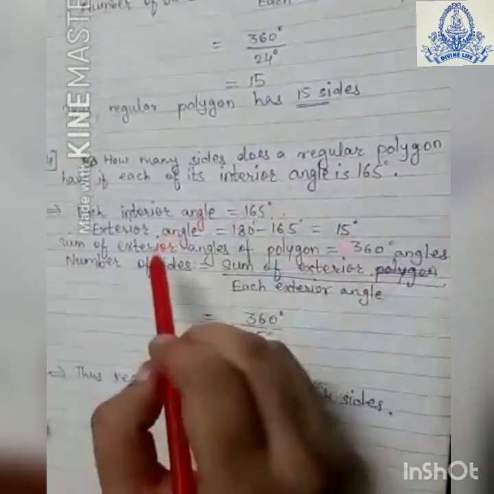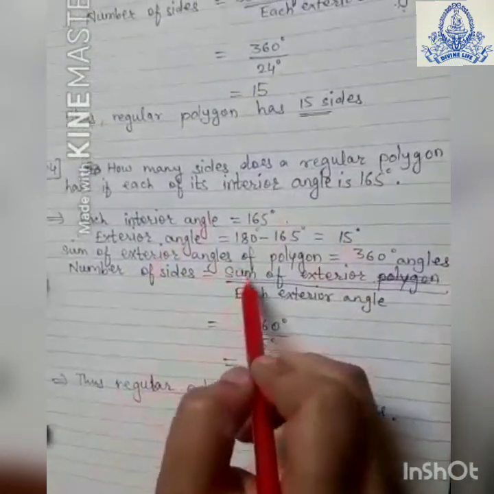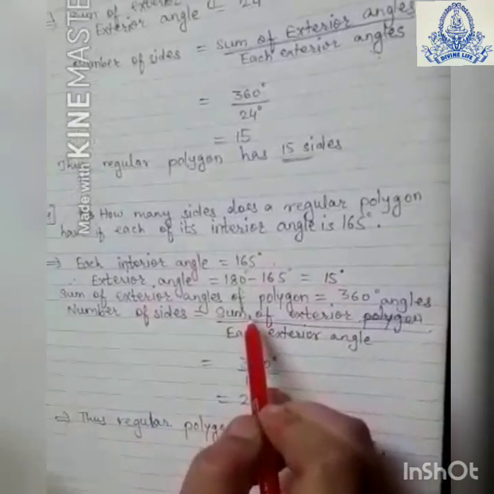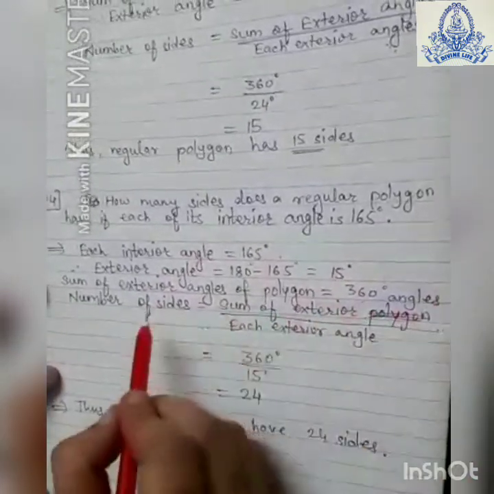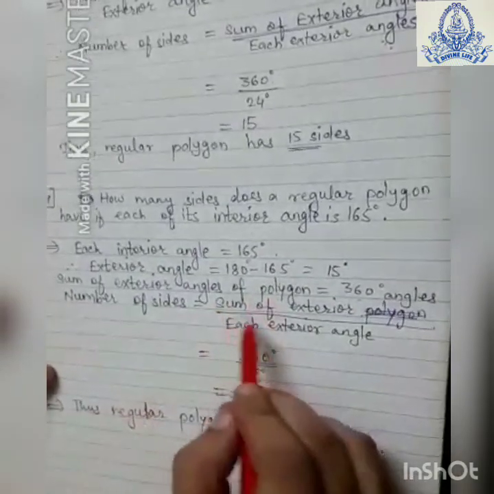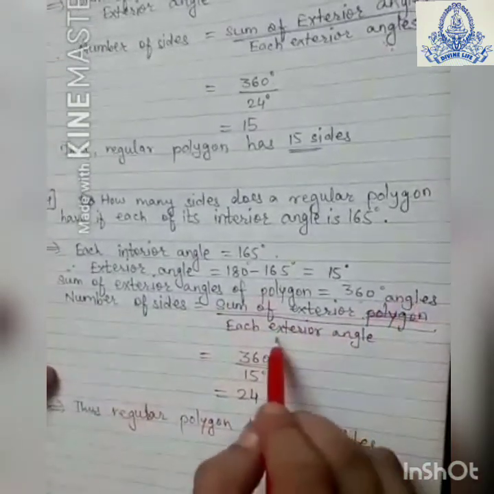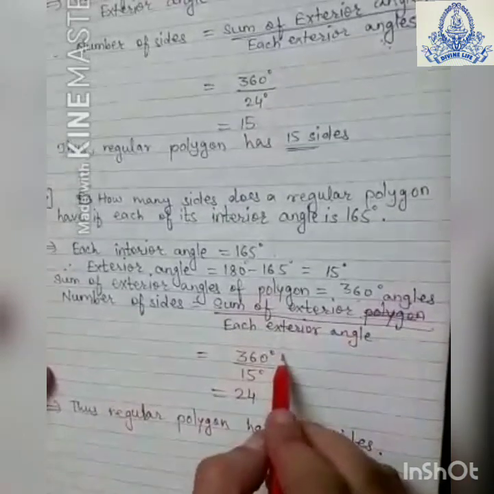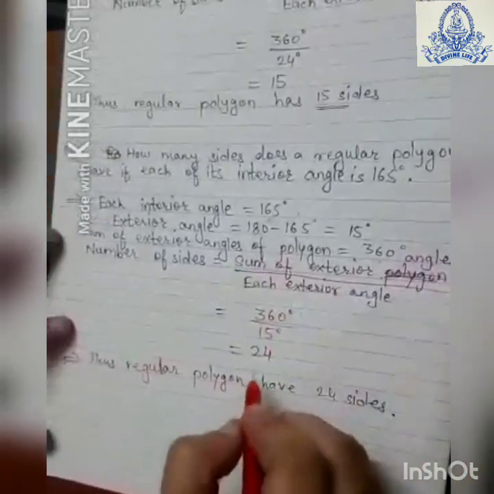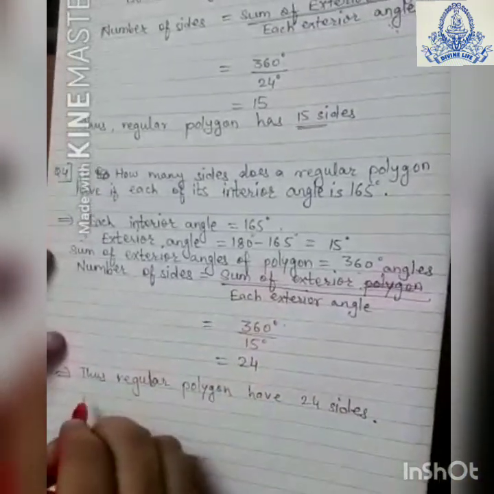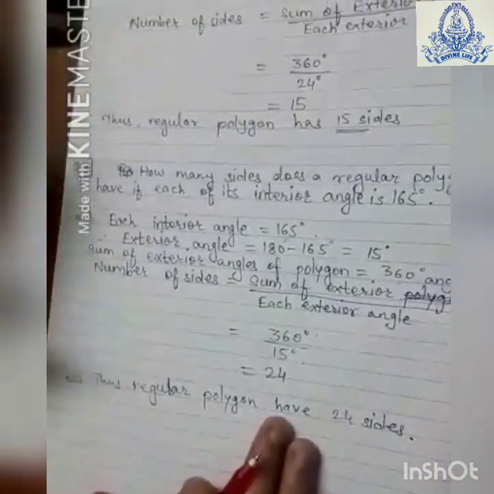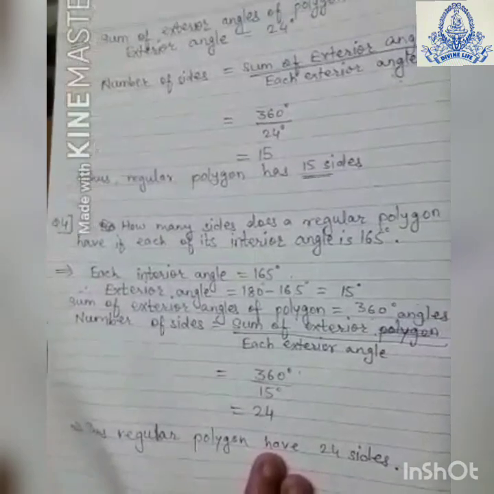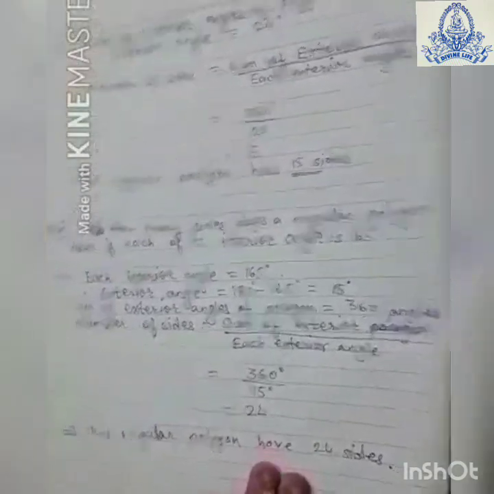Again we know that the sum of exterior angles of a polygon is 360 degrees. So the number of sides is equal to the sum of exterior angles upon each exterior angle. So 360 degrees upon 15 degrees gives you 24. Thus the regular polygon has 24 sides. Just go through all these examples very carefully, don't get confused.